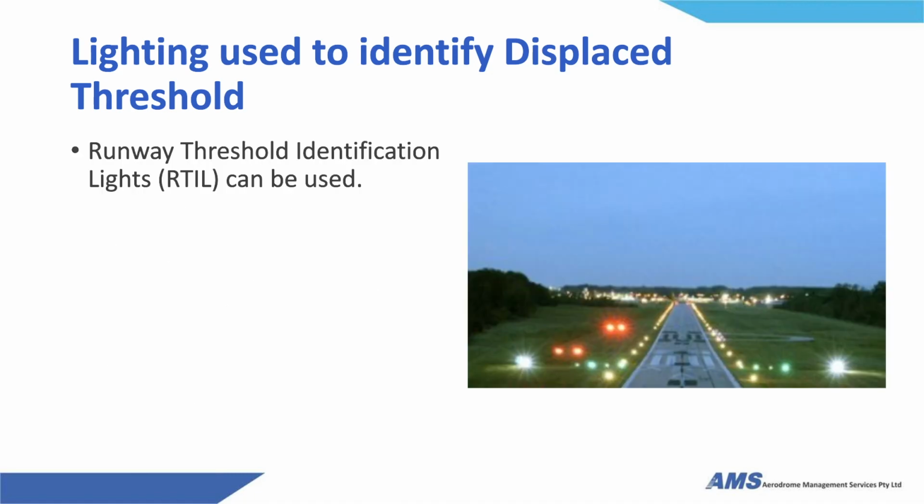Other lights used to identify a displaced threshold could include a runway threshold identification light. These are white strobe lights located either side of the runway.